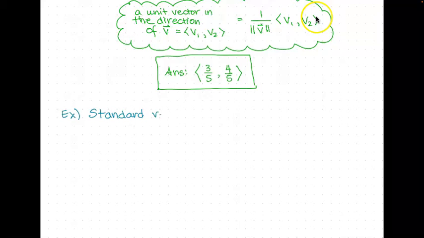Your standard vectors in 2 dimensions, we have vector i, which has the components 1, 0, and vector j, which has the components 0, 1. So another notation for vectors is actually using a linear combination of these.